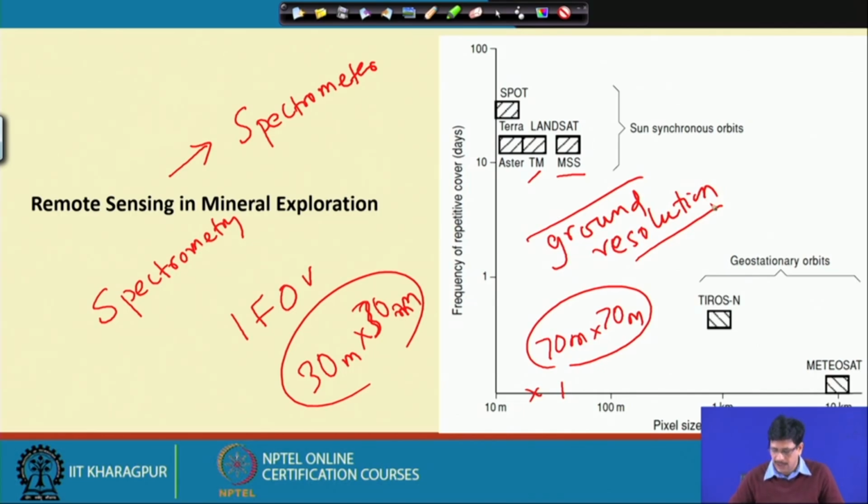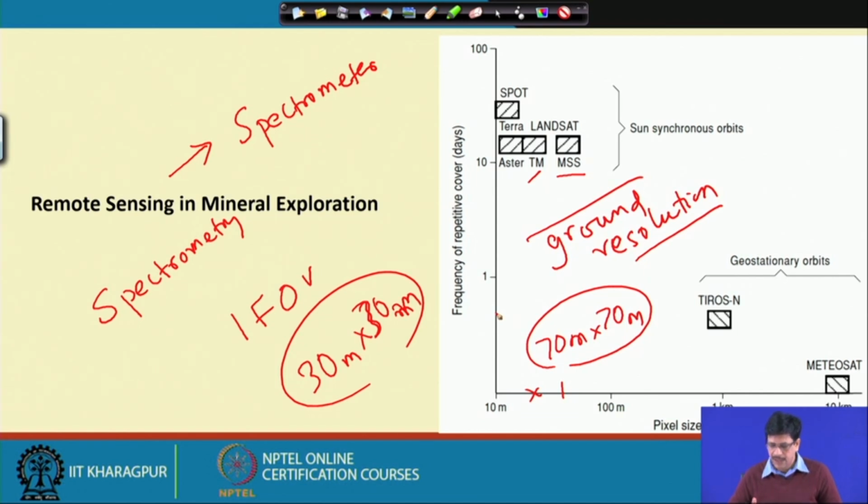For example, an earth feature like a mineralized vein which measures only a few tens of meters may not be possible to study by a satellite imagery where the ground resolution is 70 meter by 70 meter.